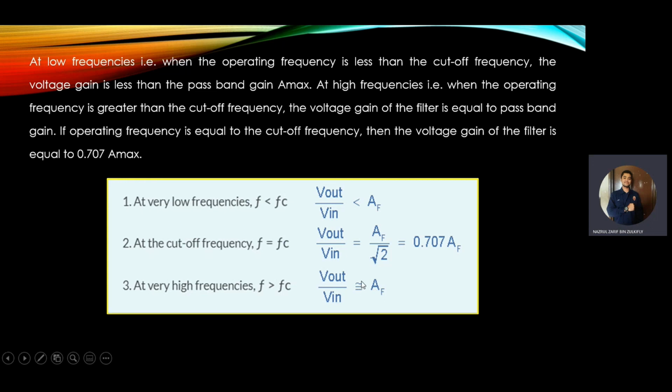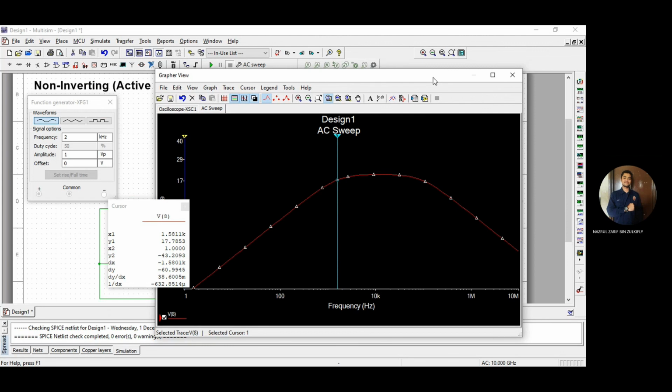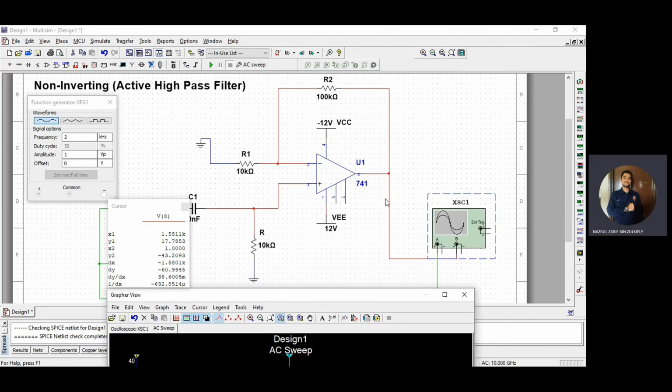So from the circuit, if you want to increase the gain, maybe more than 11, you should change the value of your R1 and R2 so that you get a higher gain.